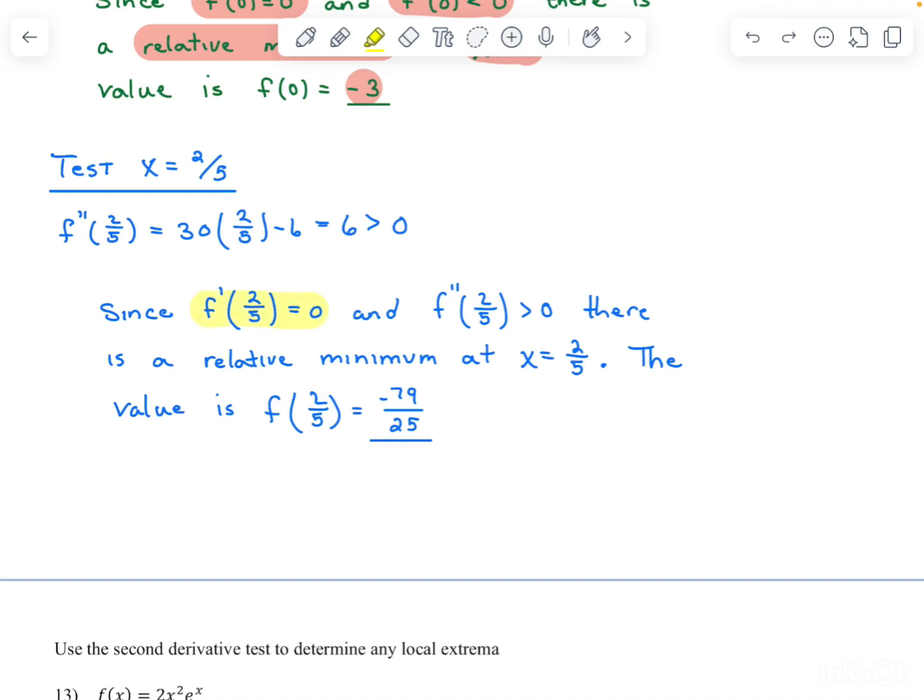Since the derivative at x is equal to 2/5 is equal to 0, and the second derivative at x is equal to 2/5 is greater than 0, there is a relative minimum at x is equal to 2/5. The value is f of 2/5, which is negative 79/25. And we are done.